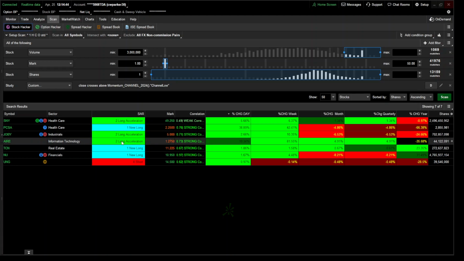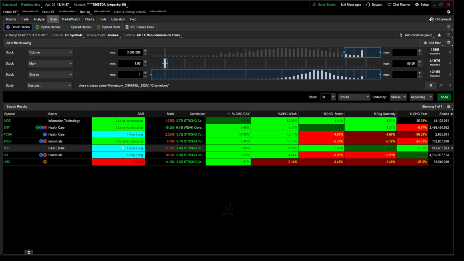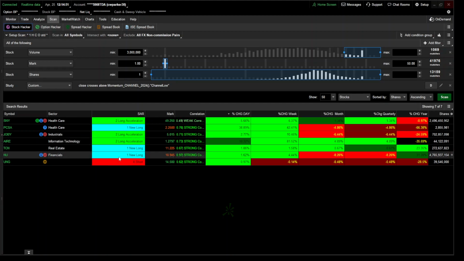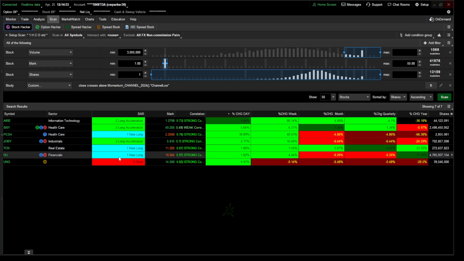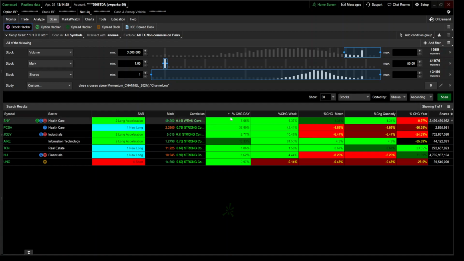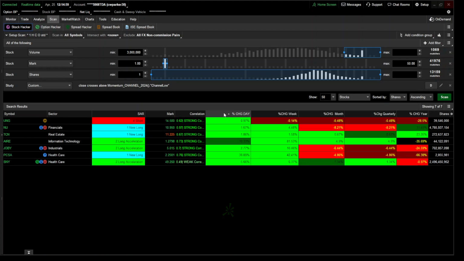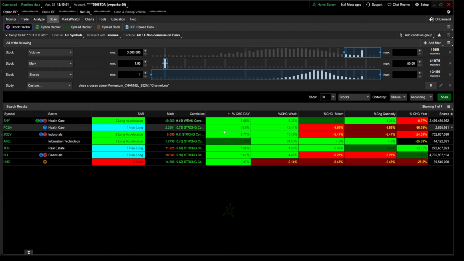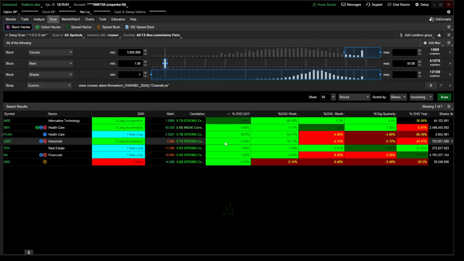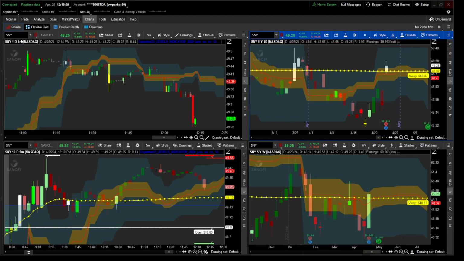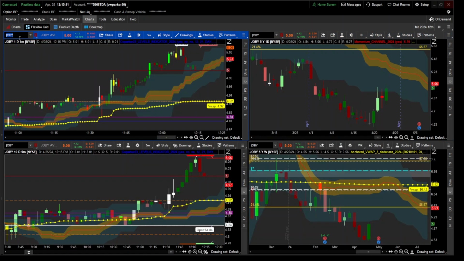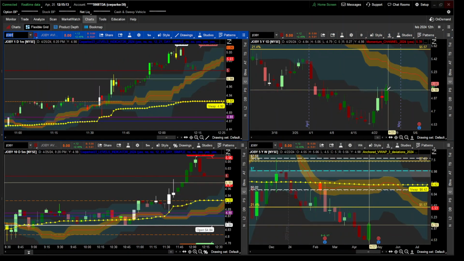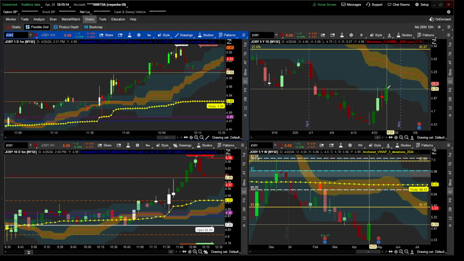These are like penny stocks. I should have pushed it above. So TC, well, I'm not looking at real estate. NU, which one has the greatest percent change? Let's see. So we're going to be looking at JOBY. This one's breaking back into its channel.